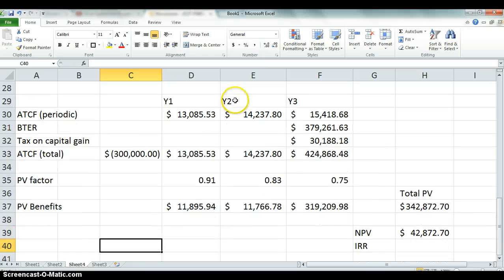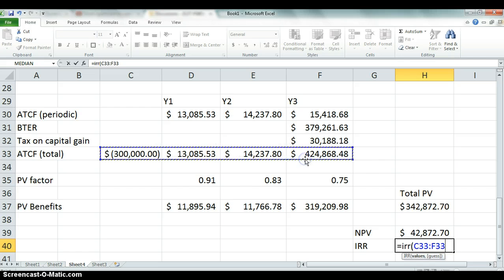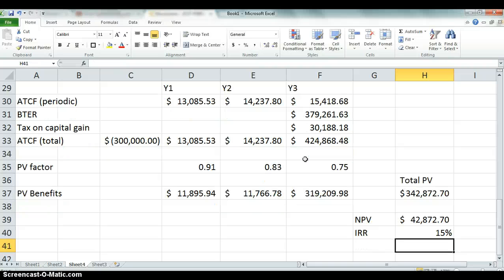Now for IRR, we will just say equals IRR, and then our values will be starting from the outflow all the way to the cash flow in year 3, and our IRR is 15%, which is higher than our investor's required rate of return of 10%.